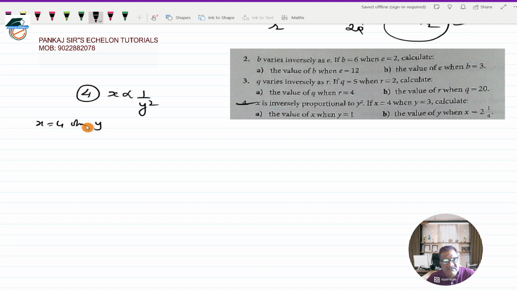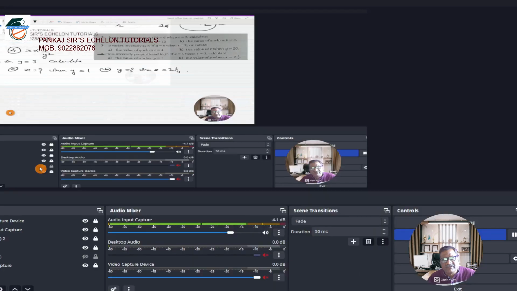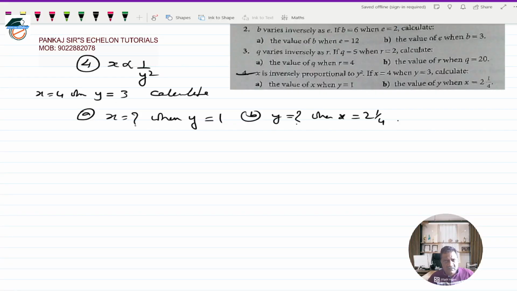And you have to calculate the a part, the value of x when y is equal to 1, and the b question is find the value of y when x is equal to 2/4. So the solution to this question number 4 can be done in this way.